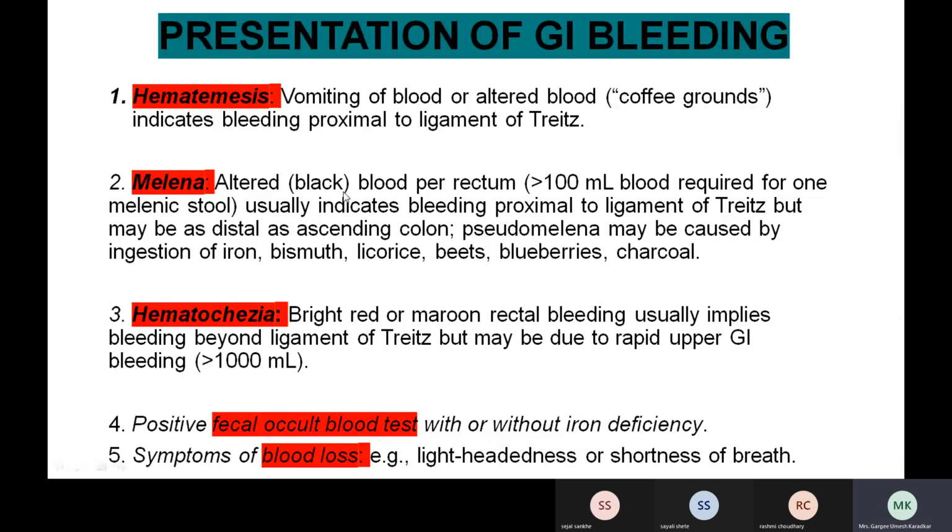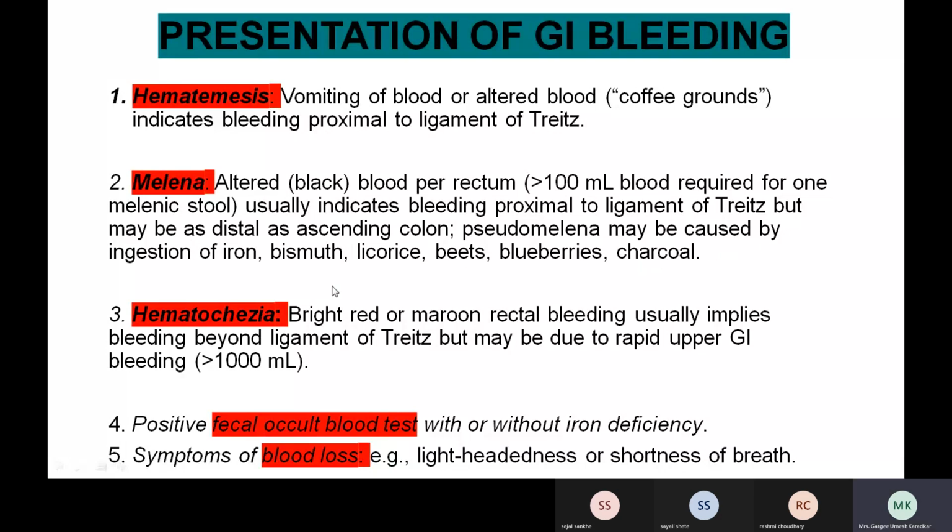The color of the stools becomes black, and it is called melena. It is a melenic stool wherein more than 100 ml of blood is required per stool. It usually indicates bleeding proximal to the ligament of Treitz, but may be as distal as the descending colon.